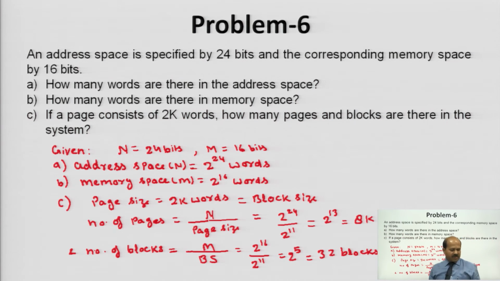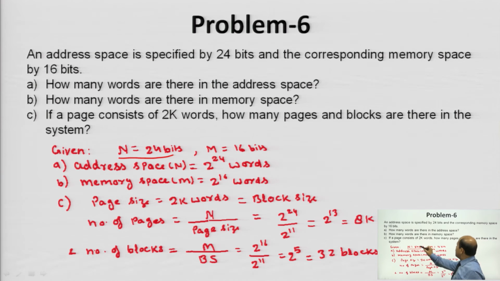Now, the next problem is related to virtual memory. An address space is given as 24 bits and the corresponding main memory space is 16 bits. So we can write the address space is n equals 24 bits and main memory m is 16 bits. How many words are there in the address space?